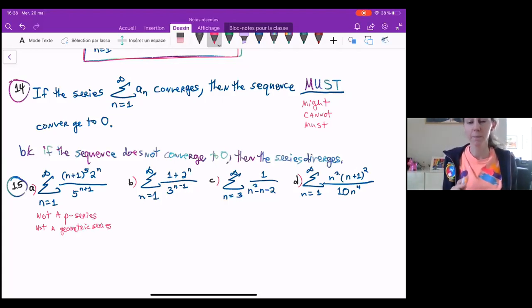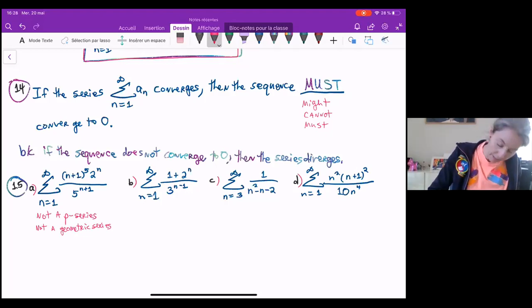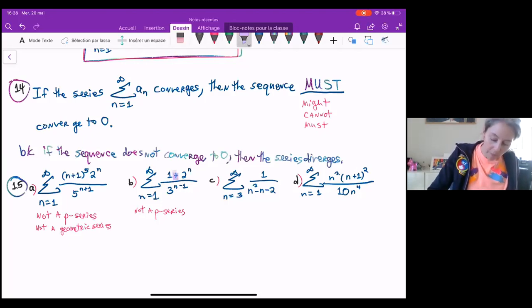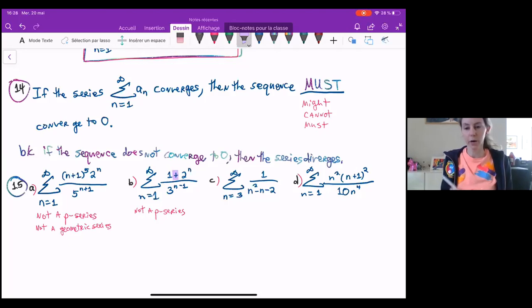B. Is B a p-series? No, not a p-series. Is B a geometric series? Yes-ish. It's not a geometric series, but remember we said if we have a plus in the numerator and one thing in the denominator, we can separate.